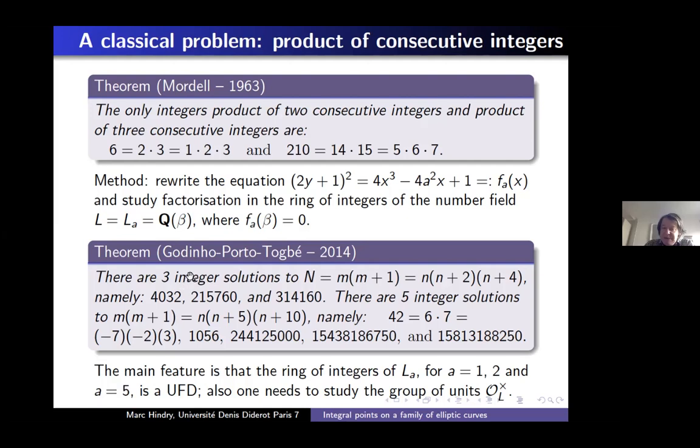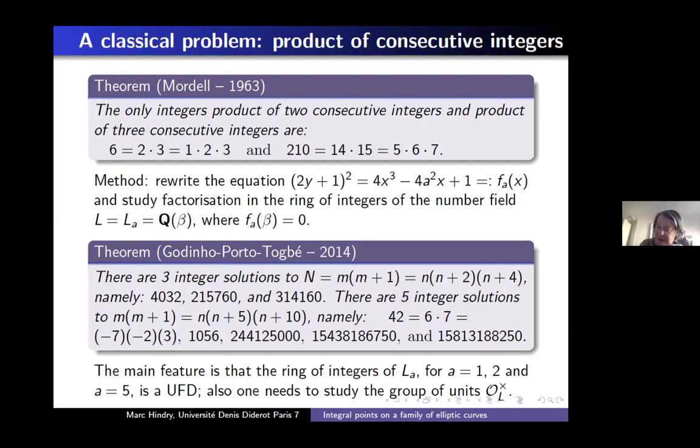The next work was done by Godinho-Porto-Togbé. What they showed is they solved the problem for A equals 2 and A equals 5. Now there's a different feature for A equals 2. There are 3 solutions, so 3 integers that can be written as a product of consecutive integers.